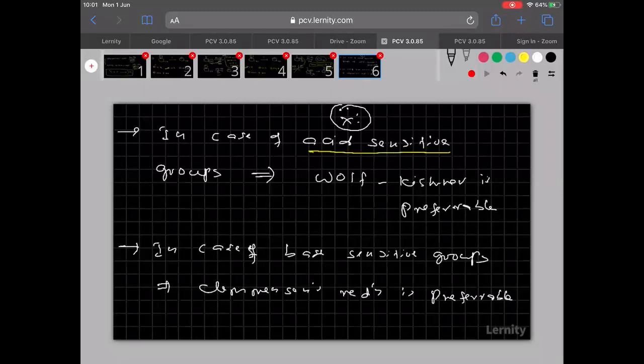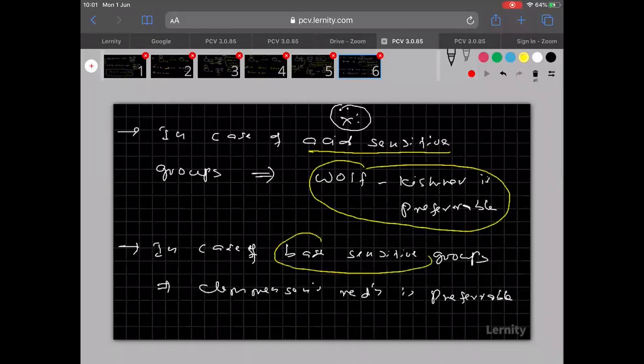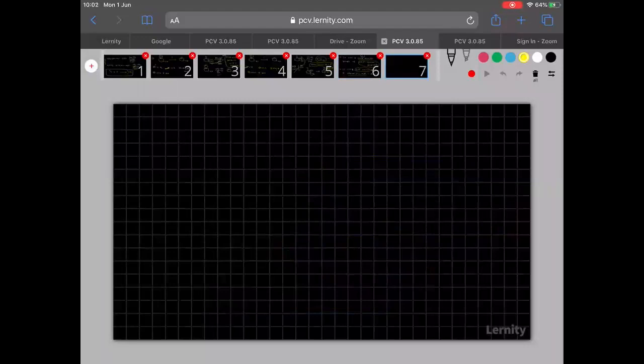So remember, in case of acid sensitive, Wolff-Kishner is preferable. In case of base sensitive, Clemmensen is preferable. Hope you are able to understand this one. Completed. So this is completely about the Clemmensen and Wolff-Kishner.